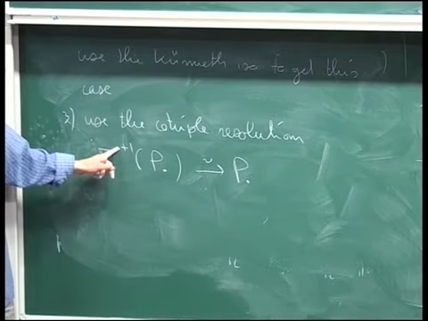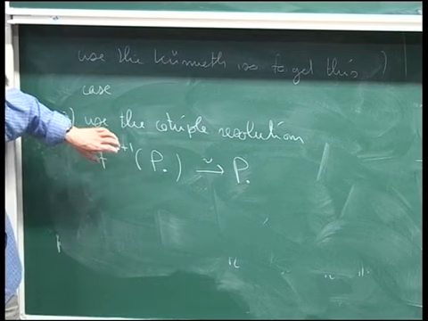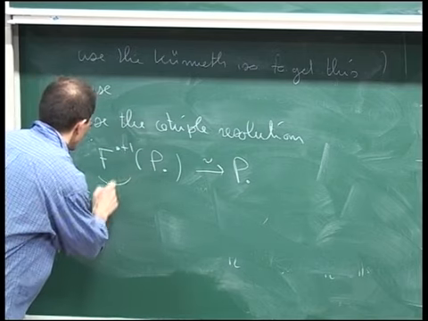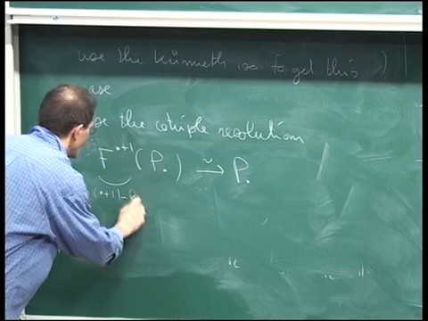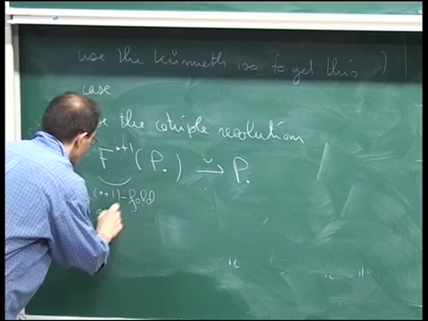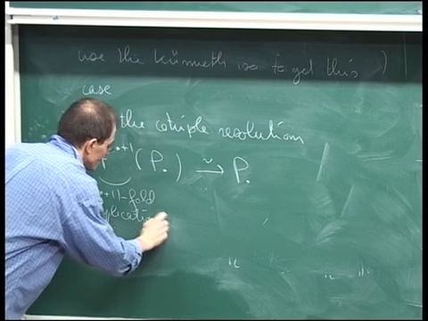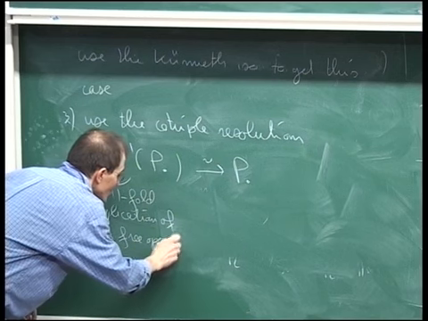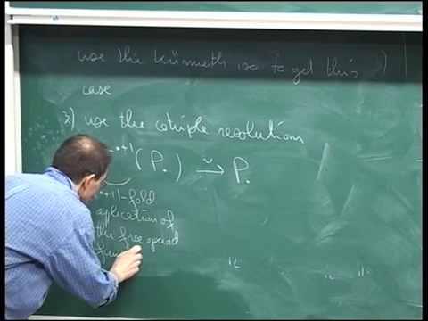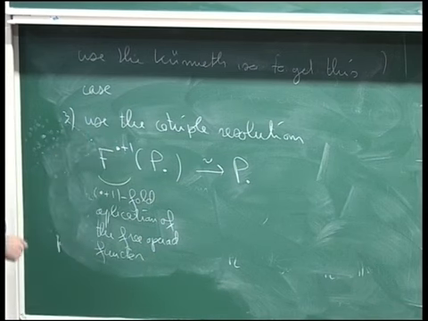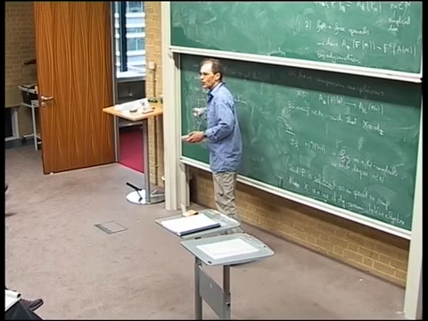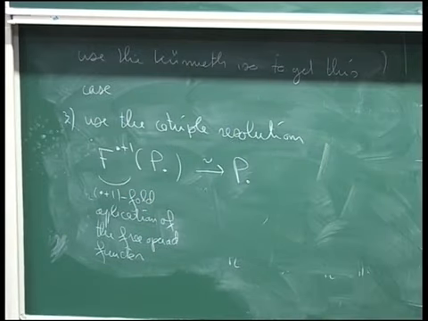In dimension S, this is given by the application of S plus 1 times the free operad functor to P. And the face maps in this simplicial object are given by the monad structure maps of the free operad functor.